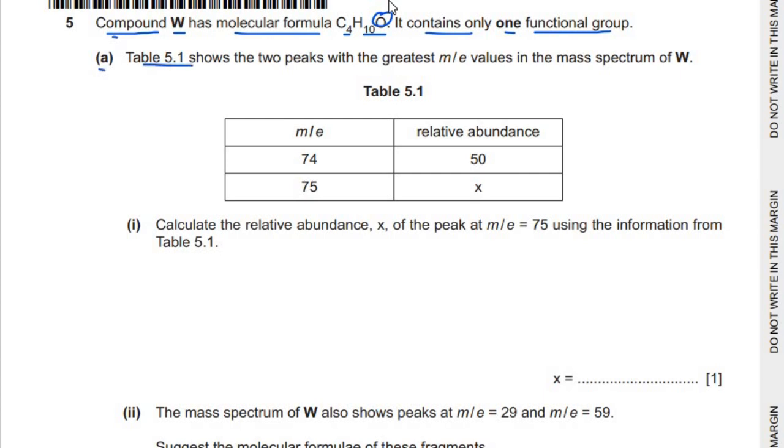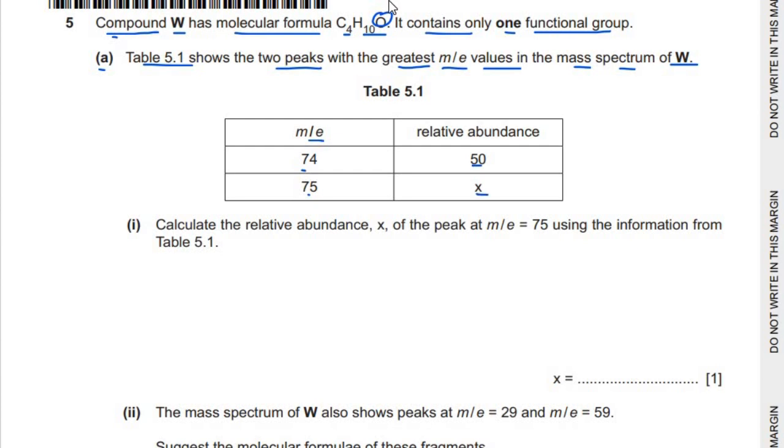Table 5.1 shows the 2 peaks with the greatest m/e values in the mass spectrum of W. So W is C4H10O and there is a mass spectrum taken for this, and the m/e values given. m/e values are mass to charge ratios, and that is 74 and 75, and the relative abundance is 50 and x.